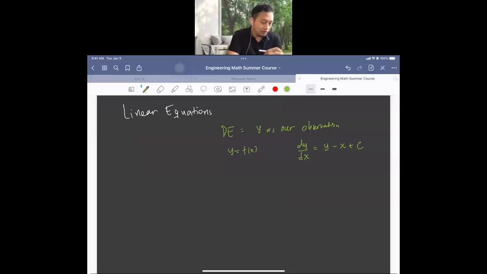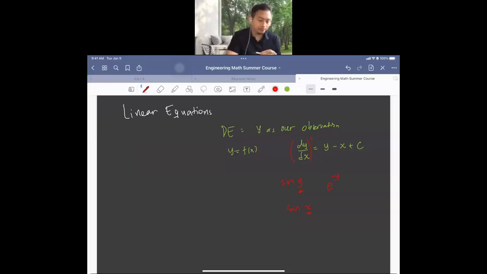Unless we have a square, or we have sine y. Okay, this makes it non-linear. But if you have sine x, still it can be linear because it's x, not y. Or maybe e with power negative y, like that.